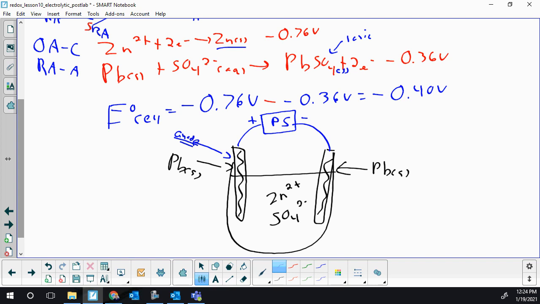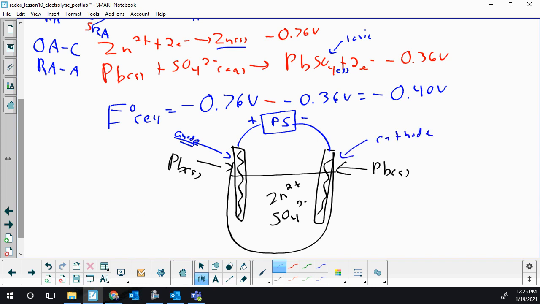When you get an electrolytic question, I want your eye to go right to that battery. As soon as it goes to the battery, label anode and cathode, and then look to see what chemicals you have. None of the stuff we did up above matters for anode and cathode.